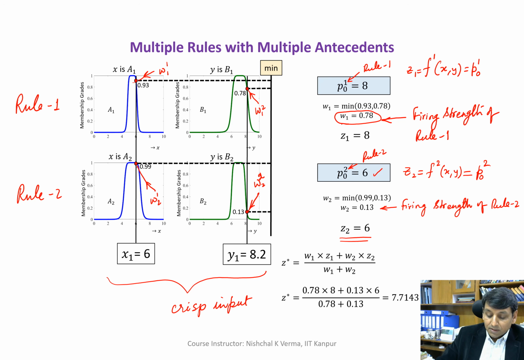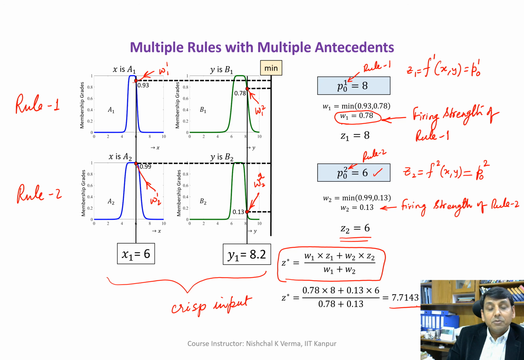So let us find the weighted average of the outputs of each rule, and when we use this formula for weighted average, the Z star, which is the final outcome, we are getting 7.7143.